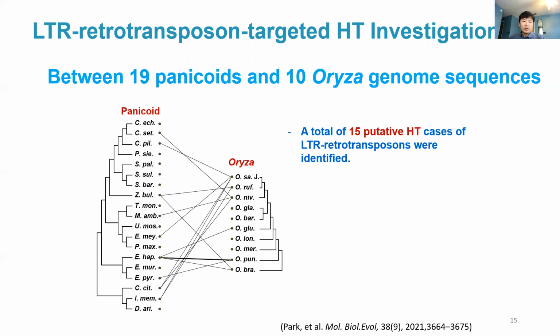Using the same method, we could identify a total of 15 horizontal transfer cases between 19 panicoid and 10 Oryza species. In the figure, the phylogeny of panicoid and Oryza species is shown, and the species that have horizontal transfer cases are connected by lines.